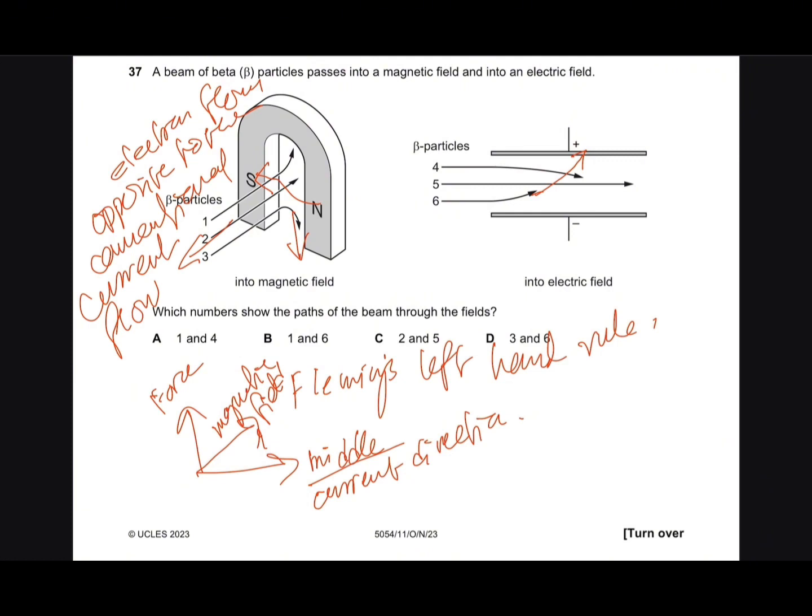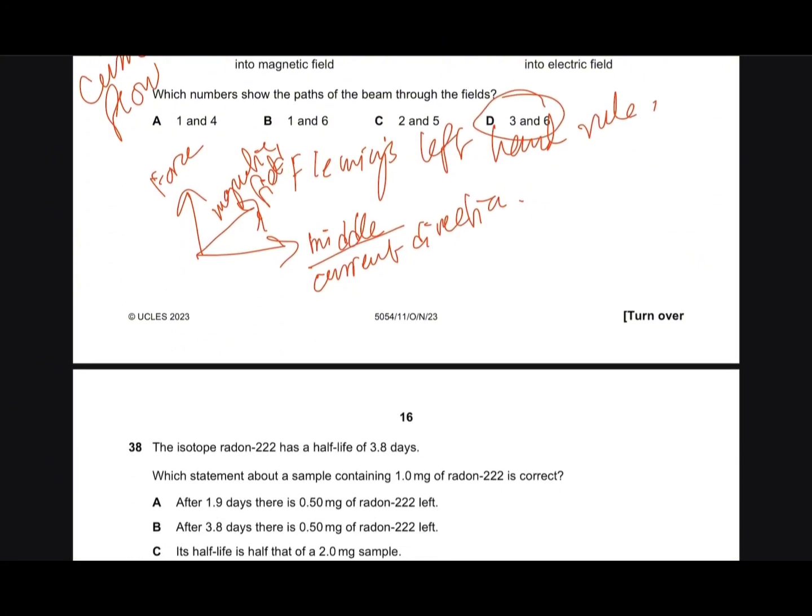So altogether, which number shows the path of the beam through the fields? For this question, we can see that the force is downwards, so it represents number 3, and over here the force is upwards, so it represents number 6. So 3 and 6, D is the correct option.